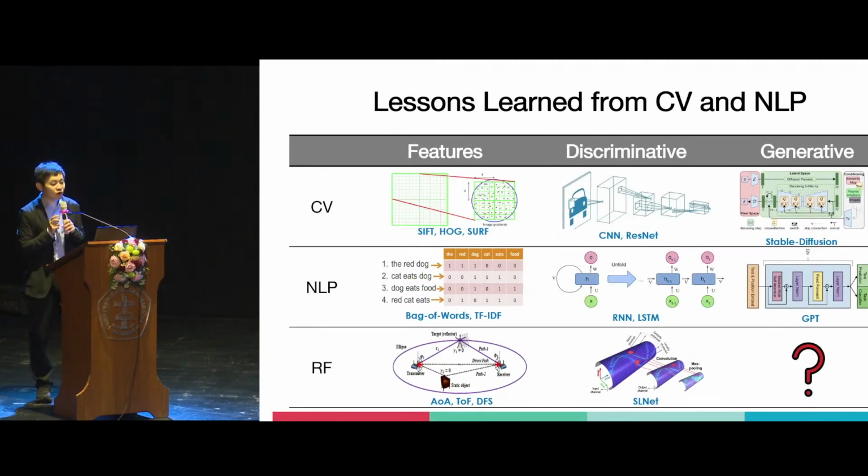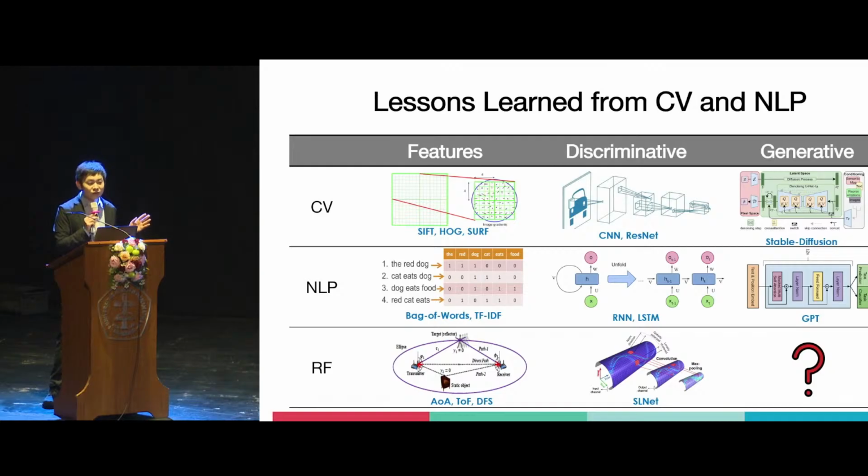Two years ago, we started to review the evolution of CV and NLP to see if we could learn something for wireless sensing. We found that this field also experienced a similar path. In the CV community, we had handcrafted features like SIFT and HOG at first, then discriminative models like CNN and ResNet, and in recent years, generative models such as Stable Diffusion.